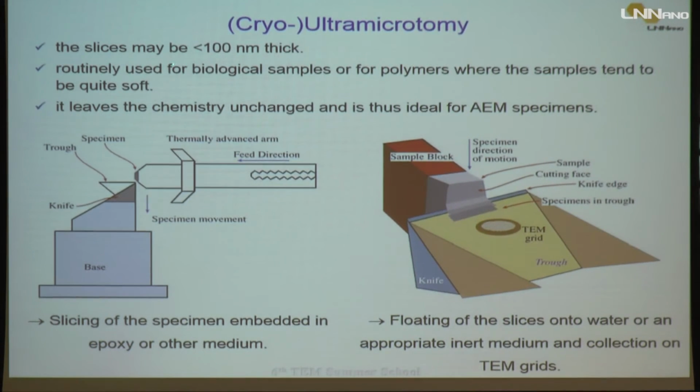You can get slices that are around 100 nanometers in thickness. Okay, you can do something smaller. And it is routinely used for biological samples, polymer samples, where the samples tend to be soft.